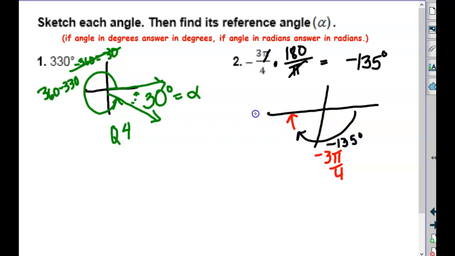What would be the difference to this line? What's that line called? So 180 and negative 135 would be a 45-degree angle in here. But can I answer as 45 degrees? No. 45 degrees is pi over 4.